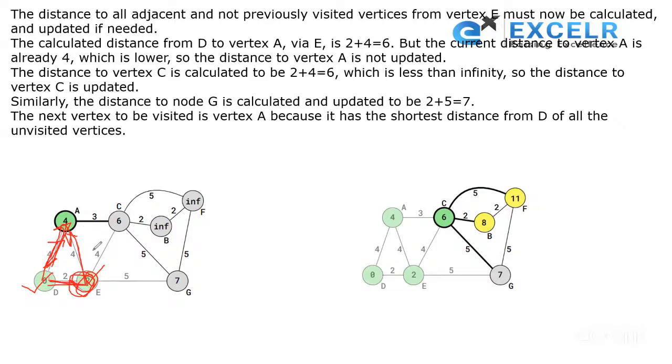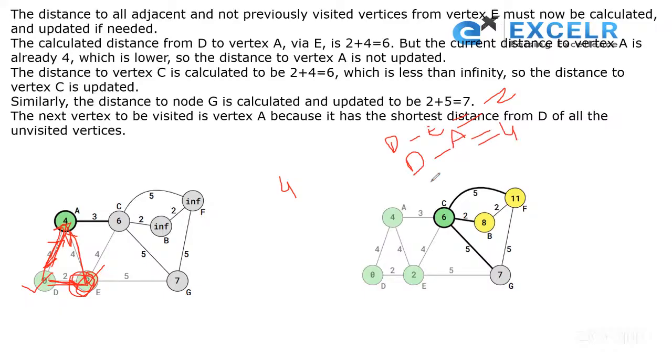Right? So here this 4 becomes the current vertex, and the shortest path cost from D to A is 4. Right? So I have to choose the lower one. So it will not be updated, because initially D to E was 2, and initially D to A was 4, isn't it?